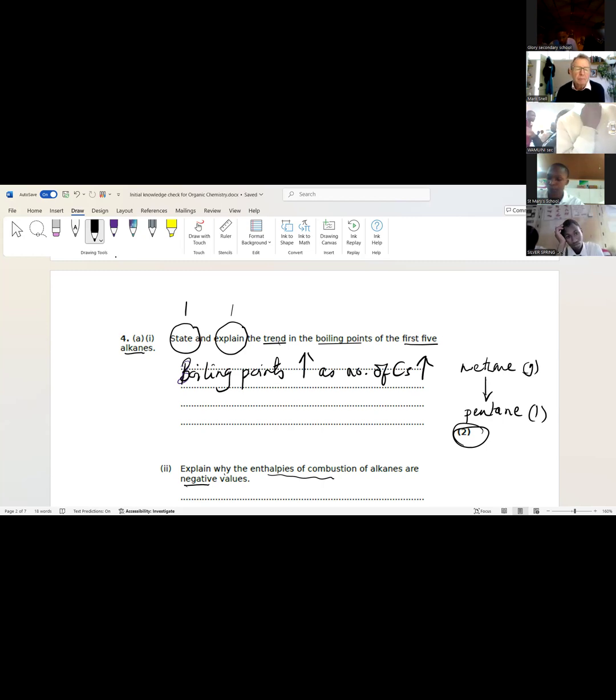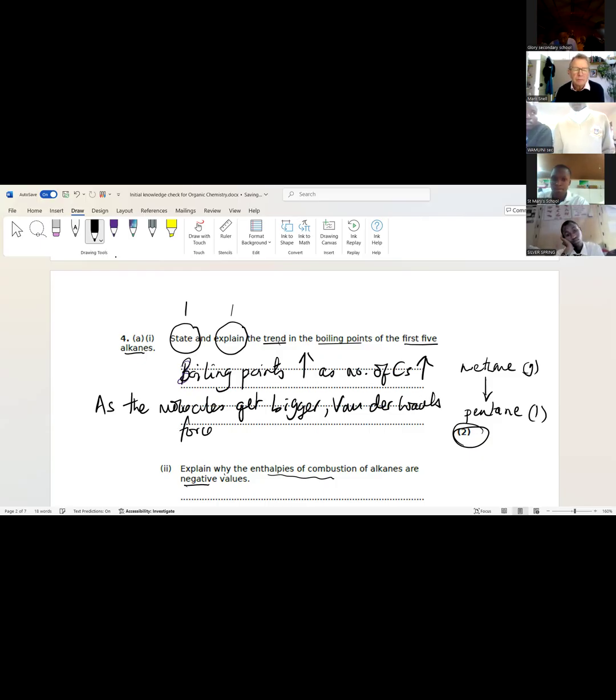And to explain it: as the molecules get bigger, van der Waals forces increase. The van der Waals forces increase because van der Waals is proportional to the number of electrons in the molecules.